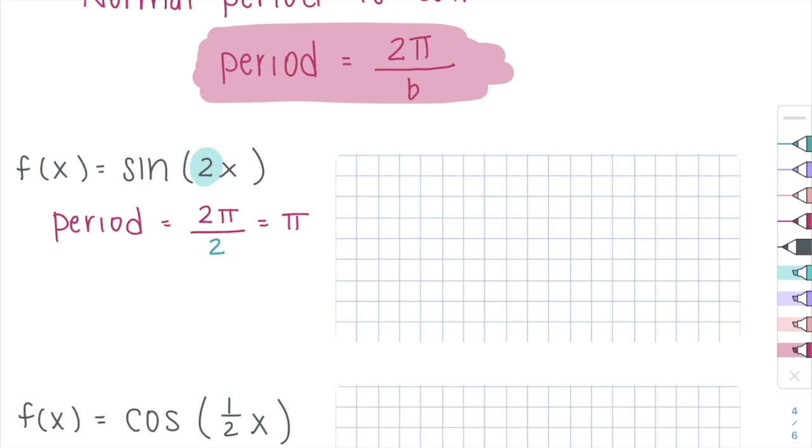So let's go in. Let's start by drawing our sine parent function. And again, I'm going to scale by 2's just so we have room to see what's happening here. When I scale by 2's, my sine parent function looks like this.